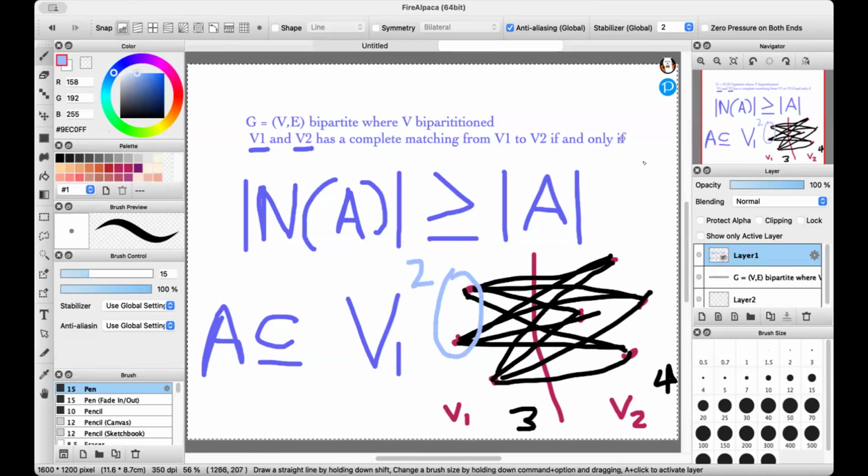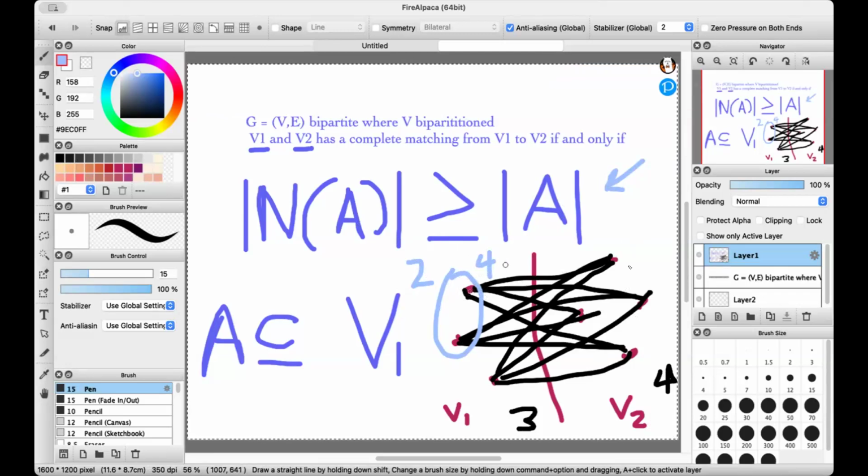So that's my cardinality of A. The cardinality of my neighborhood of these two vertices, since each of these has to be adjacent to 4 vertices in V2, that means this one contributes a degree of 4. I mean, not a degree. Well, it is kind of the degree, yeah.